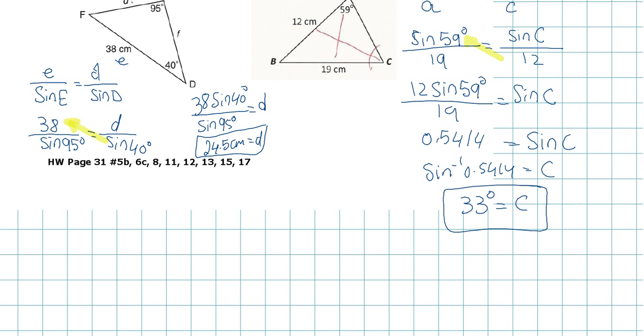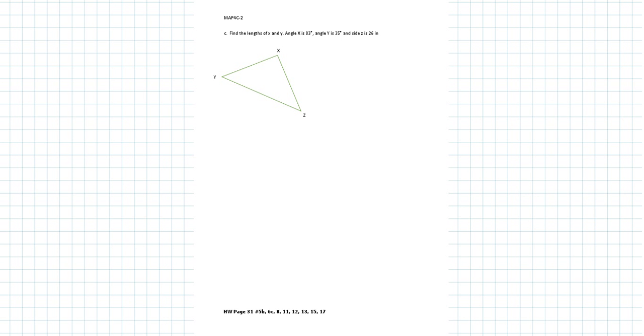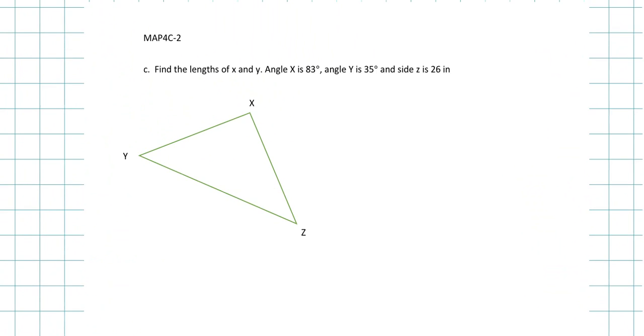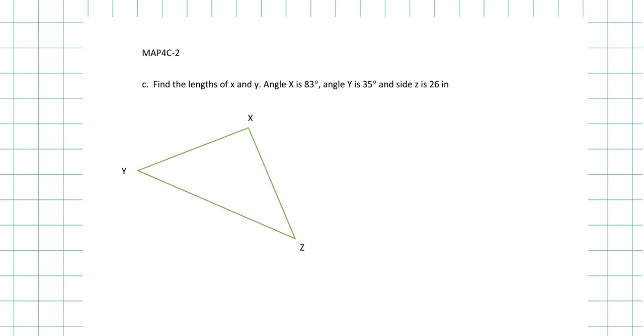Okay, I'm going to give you time to work on this question. Now, eyes on me for a second, please. This question is asking you to find the length of xy if angle x is 83 and angle y is 35 and side z is 26.